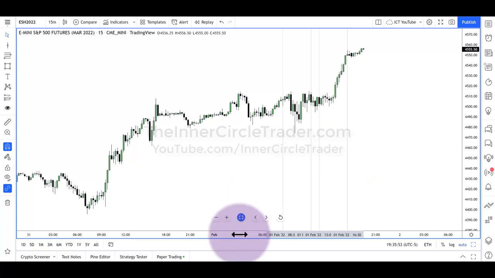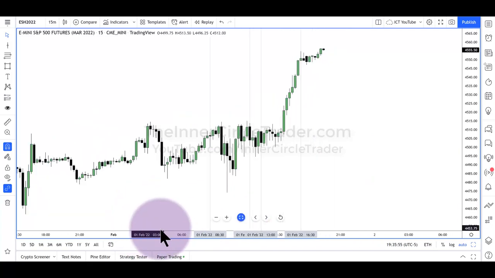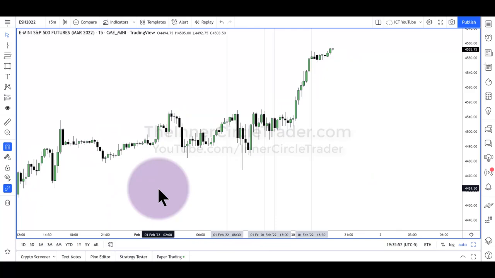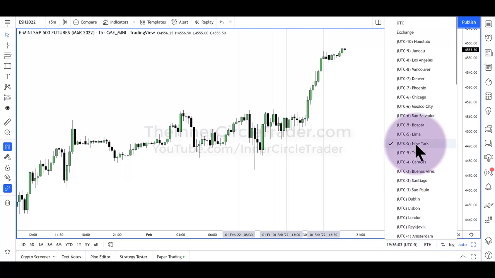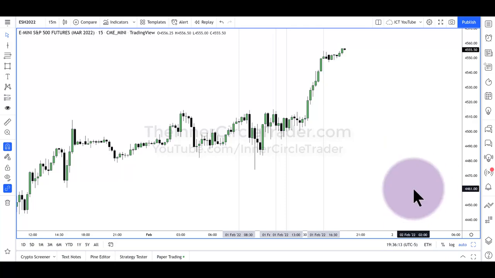So I'm gonna zoom in here. And in your mind, I want you to think about that lunch hour, and this is always New York local time, okay? Set your TradingView chart to this. If you do that, no matter where you are in the world, you'll be able to calibrate your local time with this, okay? Everything I'm showing you is directly linked to New York local time.